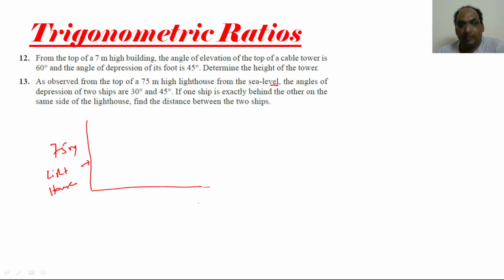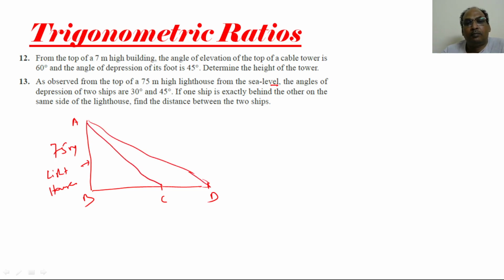Angle of depression, suppose AB. Two ships are there, C and D. Angles of depression of two ships are 30 degree and 45 degree.